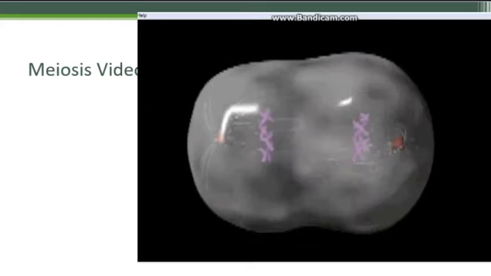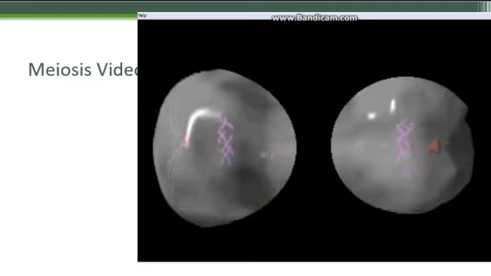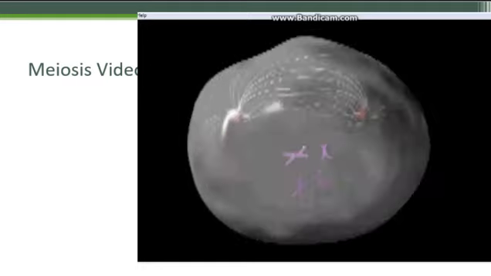One member of each homologous pair goes to one side of the cell, and the other member goes to the other side. As telophase 1 then separates the cell into 2, we end up having 2 cells, each of which has only one member of each homologous pair. That means each of these cells only has half the number of normal chromosomes. These chromosomes are duplicated, however, so those duplicates need to be separated from the original. That's what happens in meiosis 2.